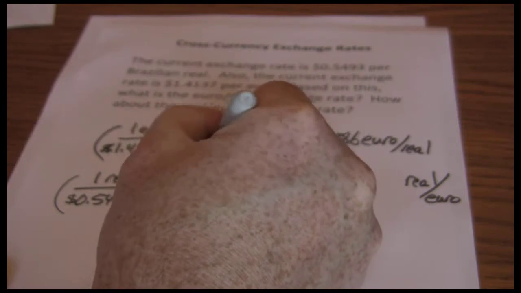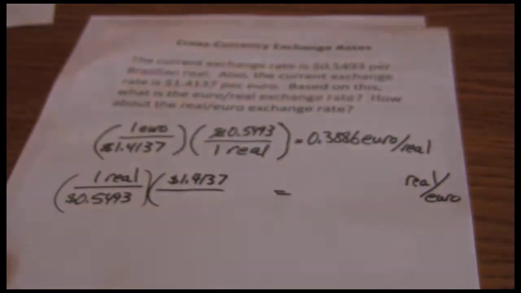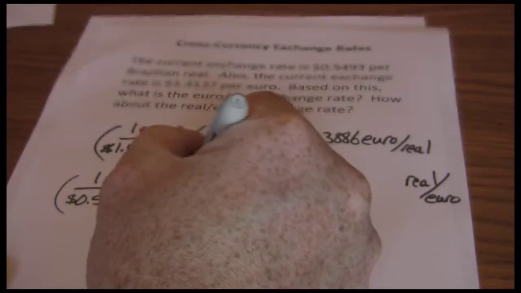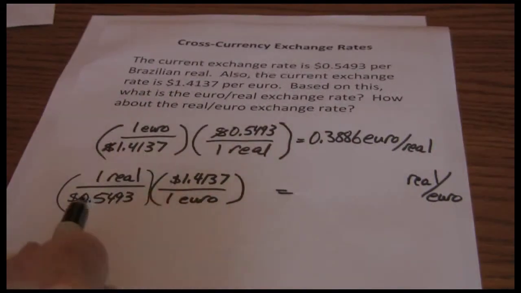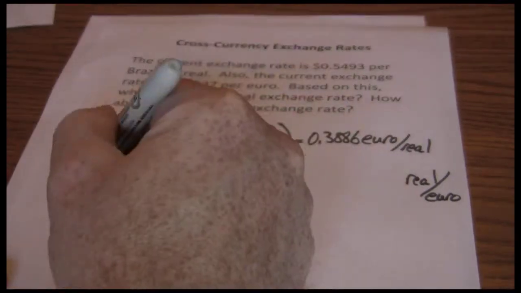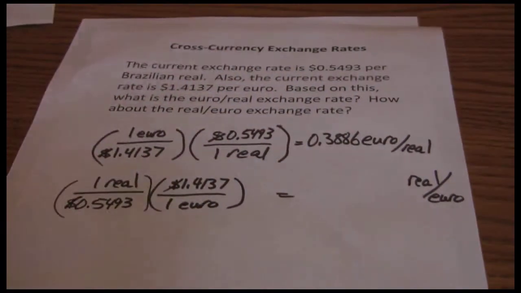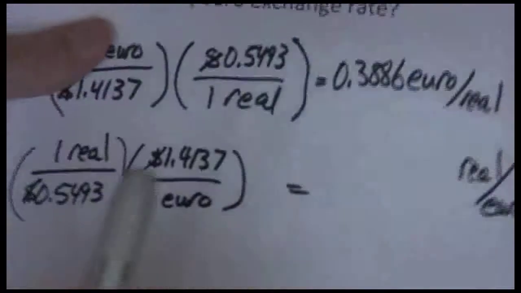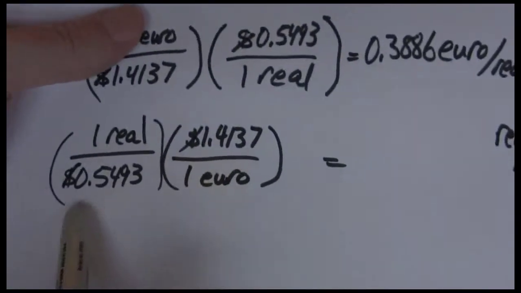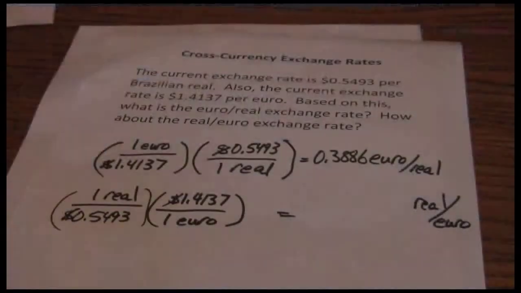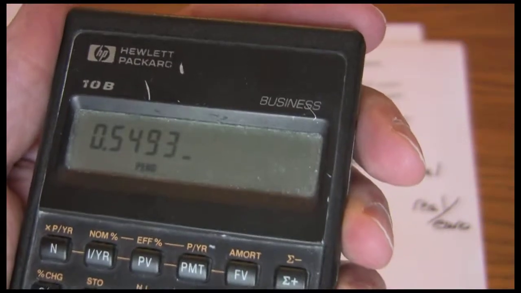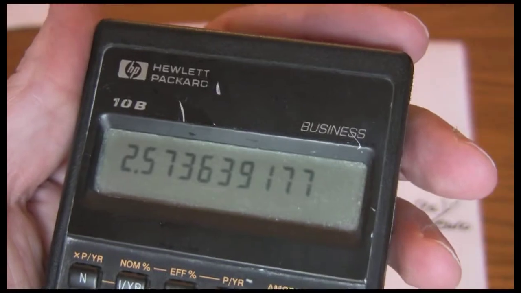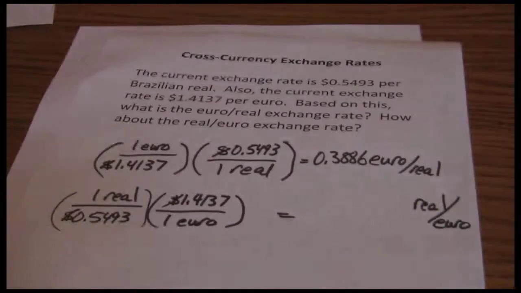So $1.4137 is equivalent to 1 euro. Now I've got my dollar in the numerator, dollar in the denominator. They're going to cancel out. So all I need to do is take the 1.4137 divided by 0.5493, and I have 2.5736 reals per euro.